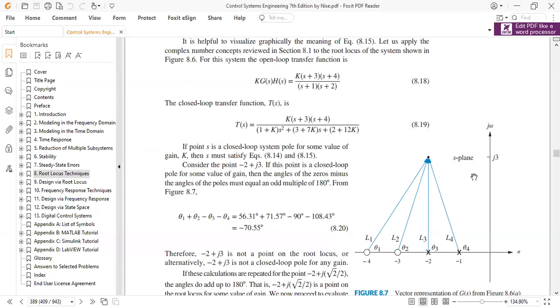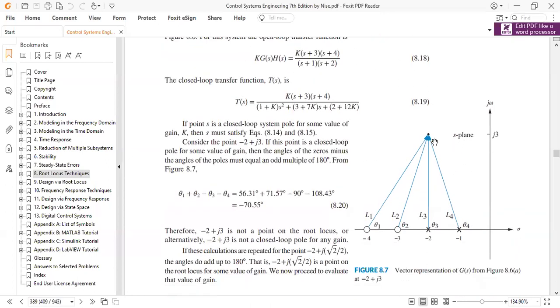So if this point mentioned over here in the S-plane is a point on the root locus, if we want to check that this black point is on the root locus, it is -2 plus j3. So this is at -2 and the imaginary value is 3.